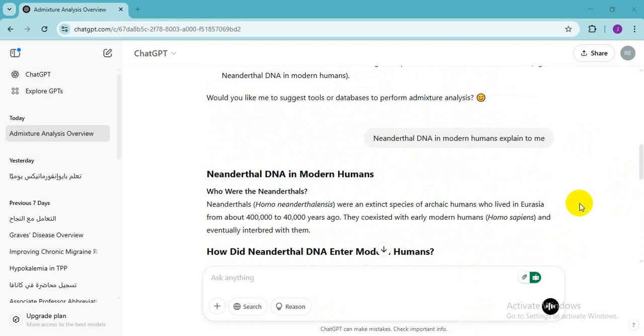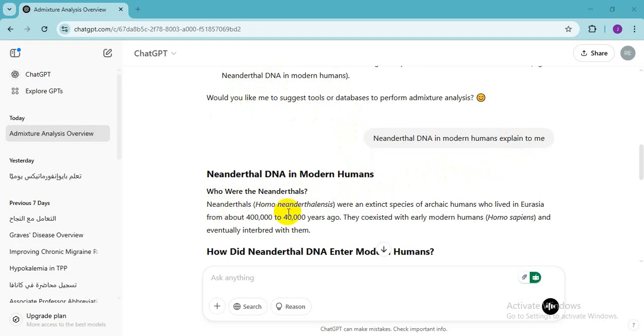Okay, I didn't understand what Neanderthal DNA in modern humans means, so I continued with ChatGPT. I told it, please explain to me. It said: who were the Neanderthals?